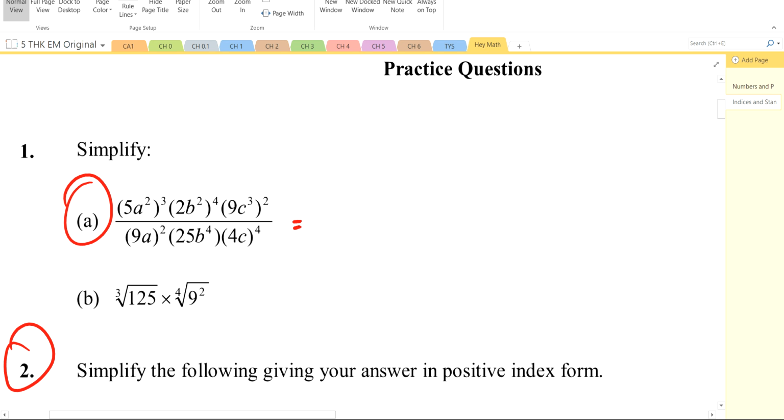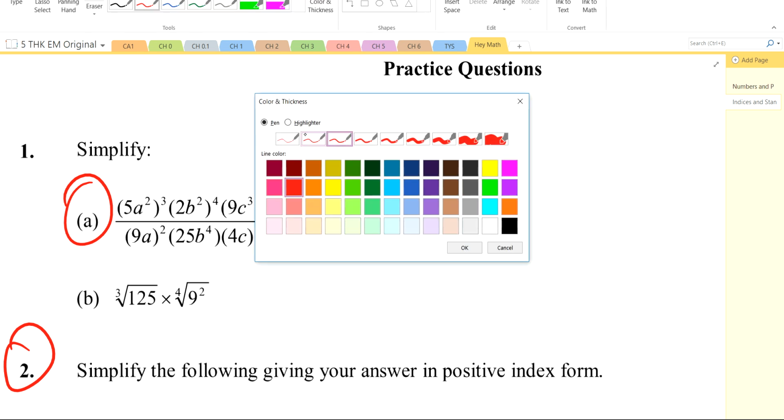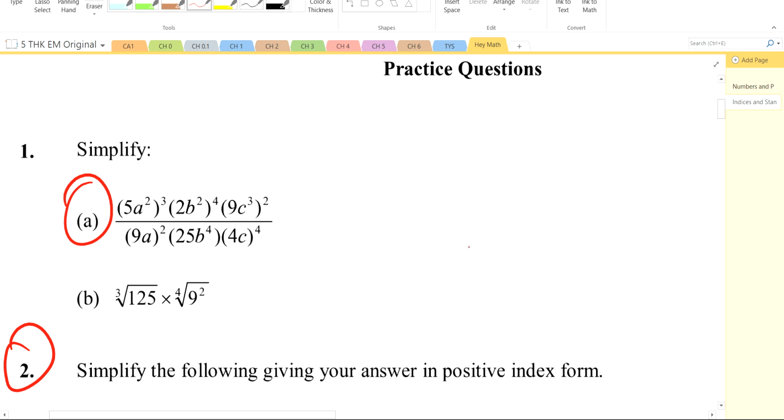Here we have, in the numerator, 5a squared to the power of 3. What does this give us when you expand it out? This is 5 cube a power 6. Do you have that first? Are you okay with this? Or is there already a mistake made? Do you know why is it wrong now?